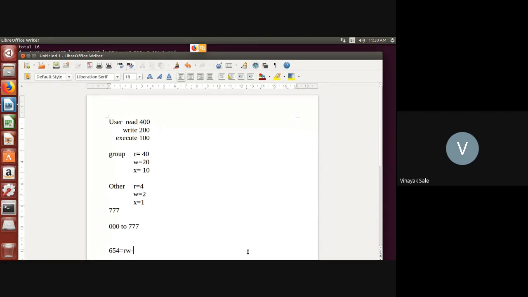Then 5: the second is for group, second value is 50, check which two add up to 50, so read and execute, R dash X. Then the number is 4 for other, so check which permission is 4, so only R, R dash dash.